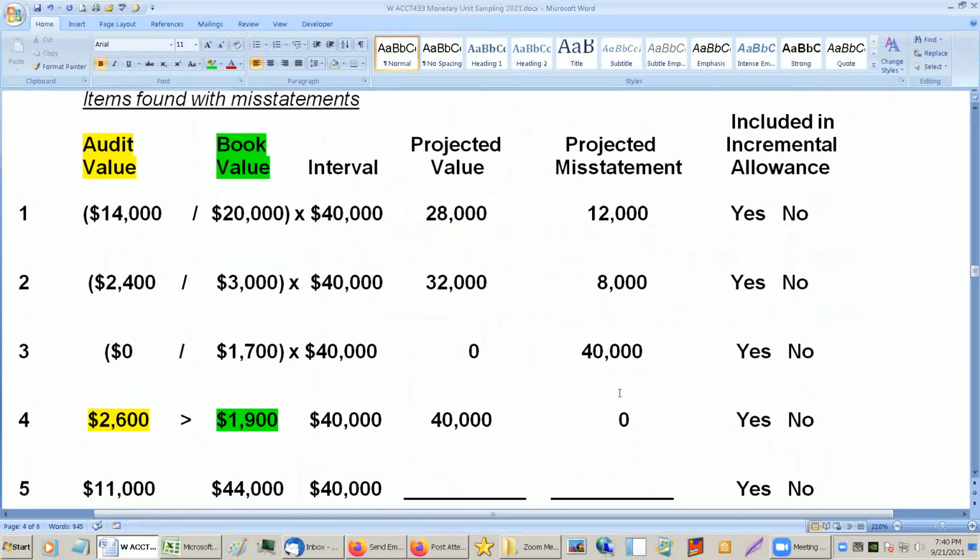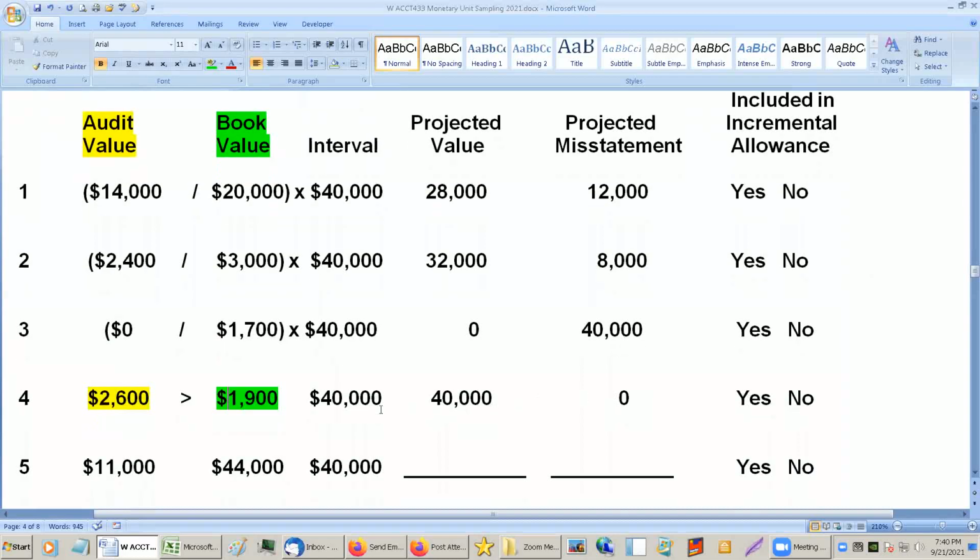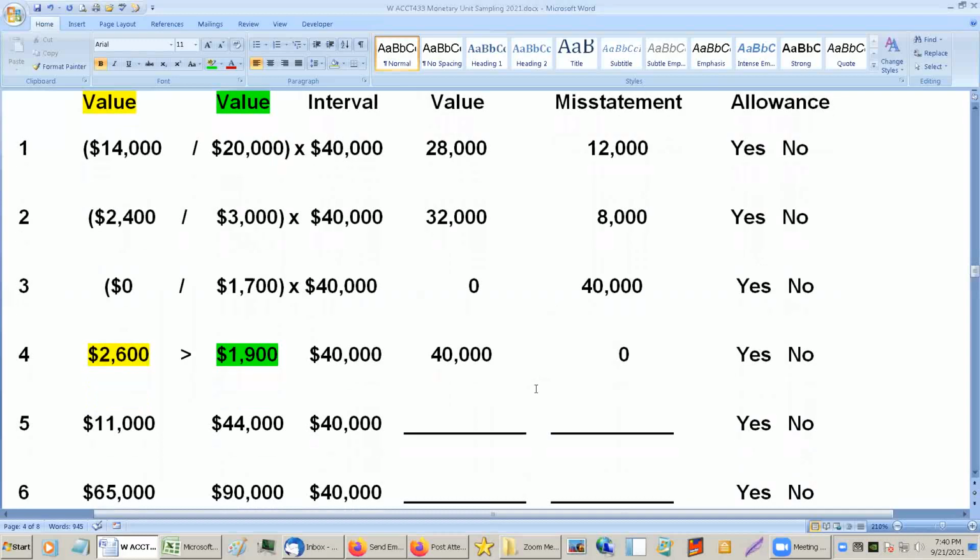There's nothing wrong with that one. It's not supposed to find these. So it's ignored. So that's a little bit different, right? Usually you find an error, you go, okay, and you put it down. But in this case, if it is an understatement, we ignore it. It's not supposed to find it.